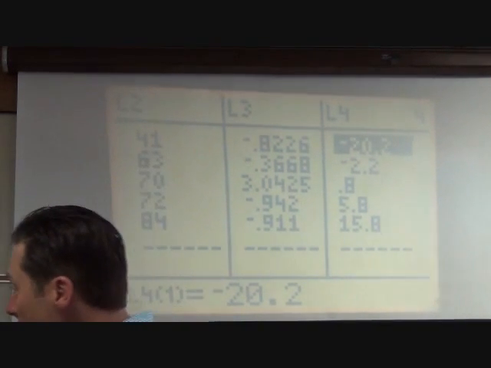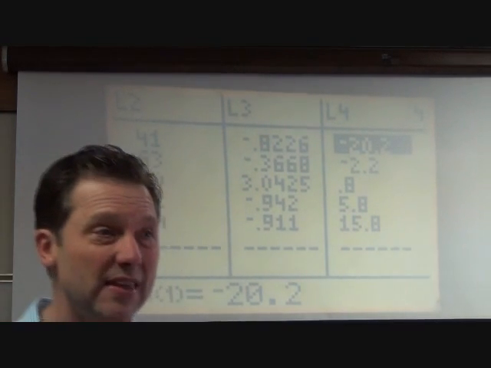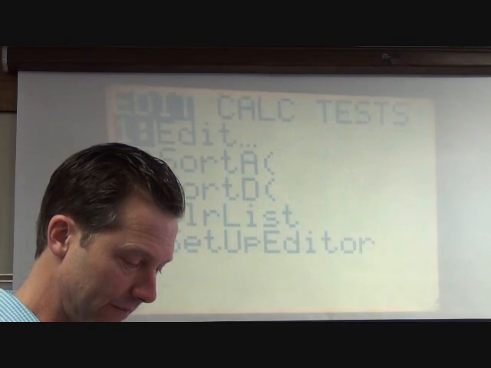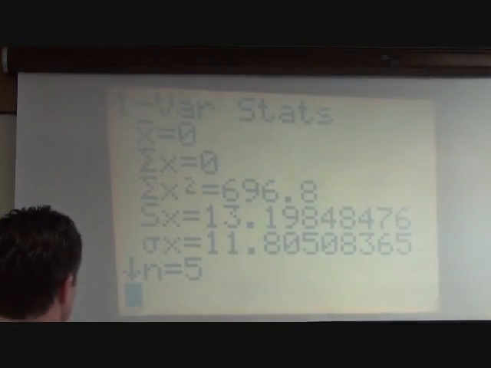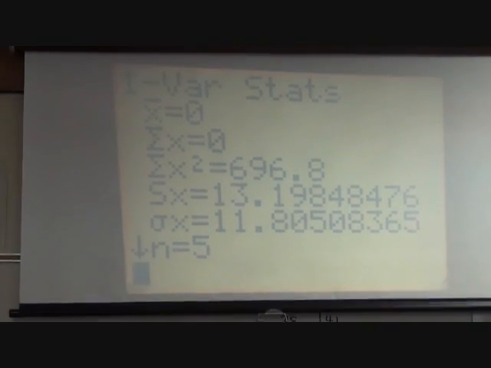After I find those deviations, I'm supposed to square them and then add them up. Remember, we have that fancy key that does that for us. If I go stat, calculate, do a 1-var stat on L4, that squares them and adds them all up. So in terms of this formula, the top turns out to be just standard error, 1.98.